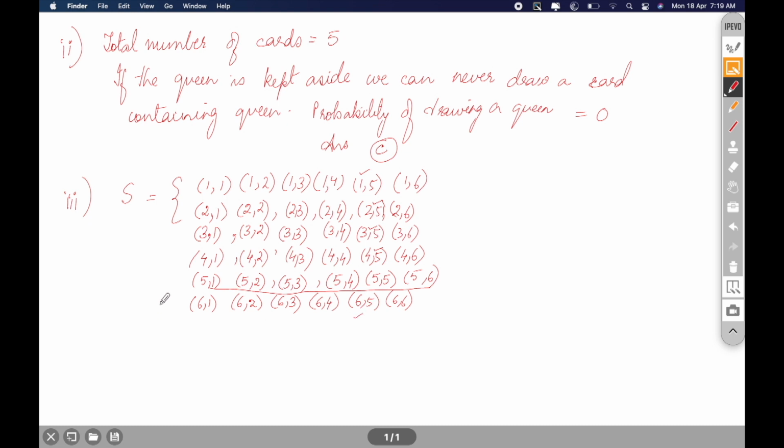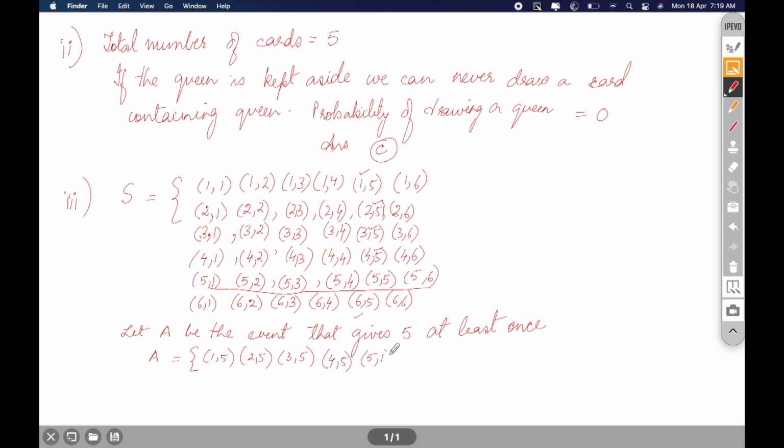So let A be the event that gives 5 at least once. So if you think of the set A, it is 1,5; 2,5; 3,5; 4,5.